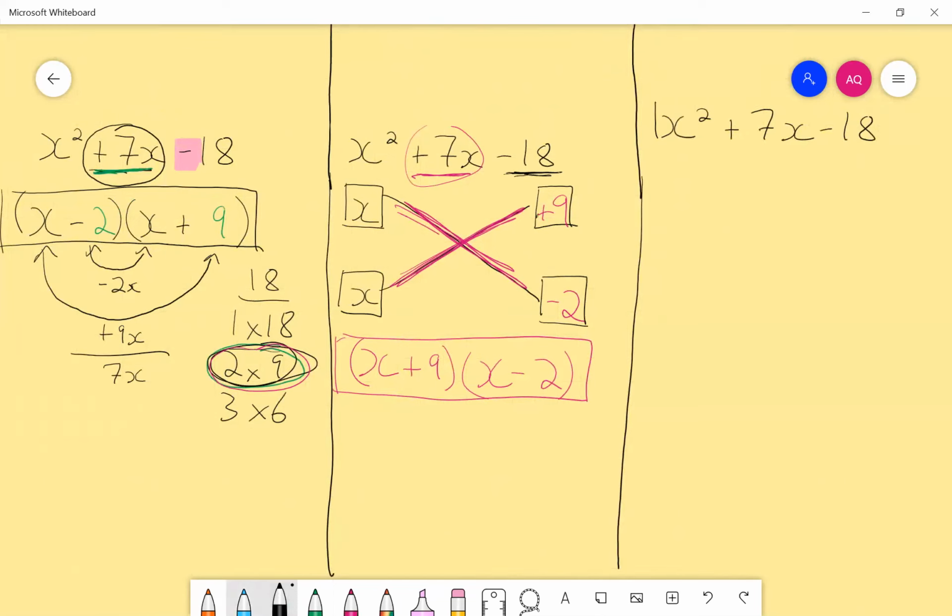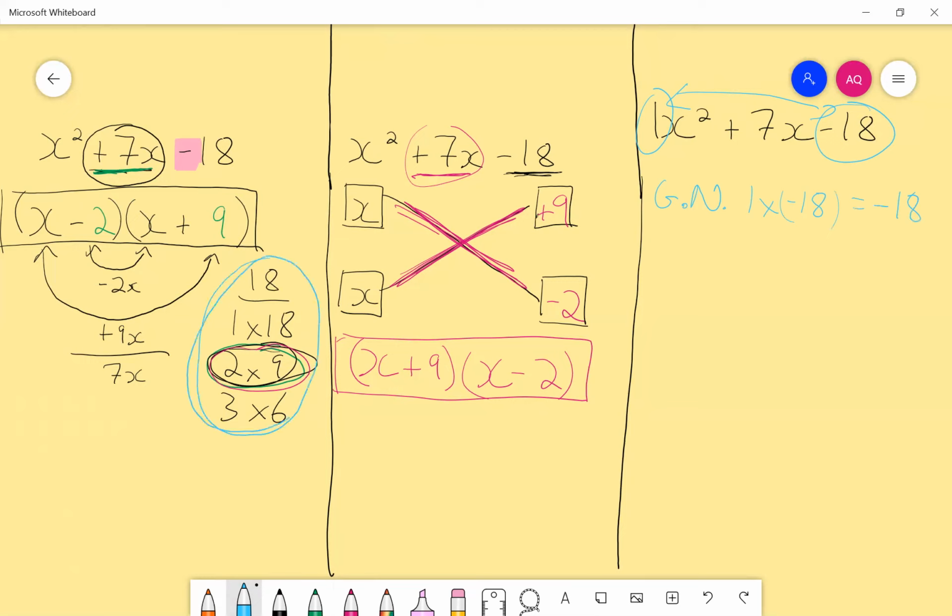Again, with a single x squared, we'll have just a 1 there. So you multiply the two of them, and we get our guide number. Again, I'll call it Gn: 1 times negative 18, which is equal to minus 18. Now, we will just look at our factors of 18, the same factors I have over here.